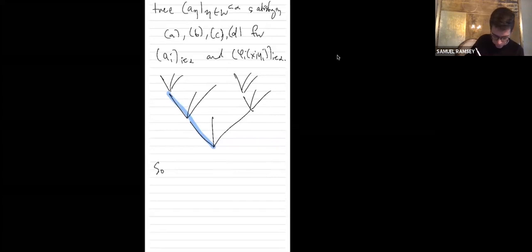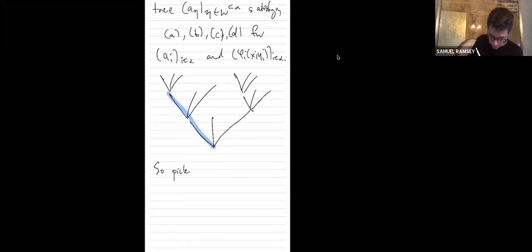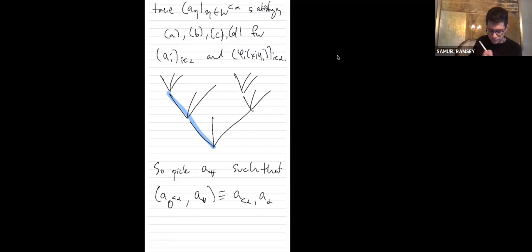So pick an element, let's call it a star, such that a_0 to the less than alpha, comma a star, has the same type as a_less than alpha, comma a_alpha.